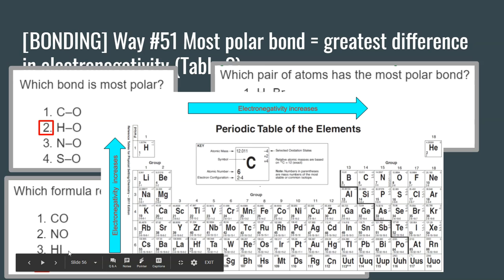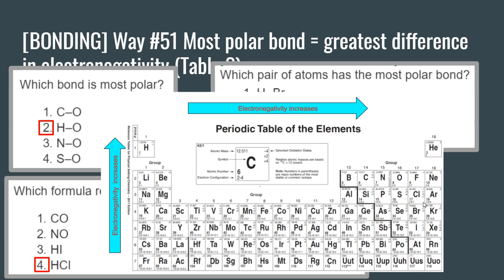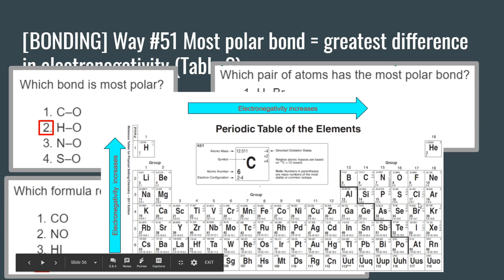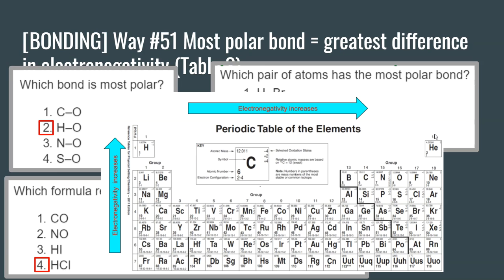Now you have to decide between 3 and 4. Well, you're comparing the difference between H and I and H and Cl. Which one of these has a greater electronegativity, Cl or I? You should conclude that Cl has a greater electronegativity because it's closer to the top right-hand corner. Therefore, the difference in electronegativity will be greatest between H and Cl.